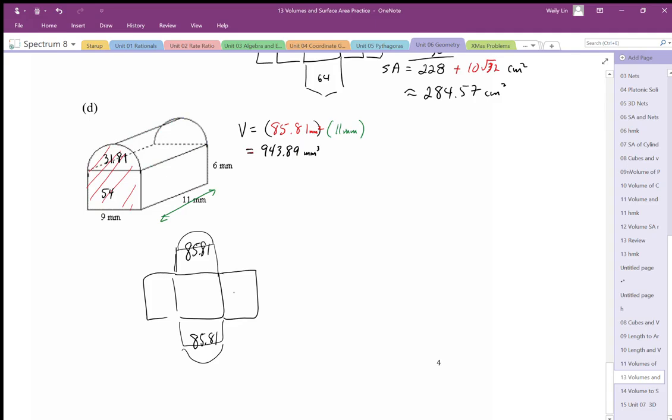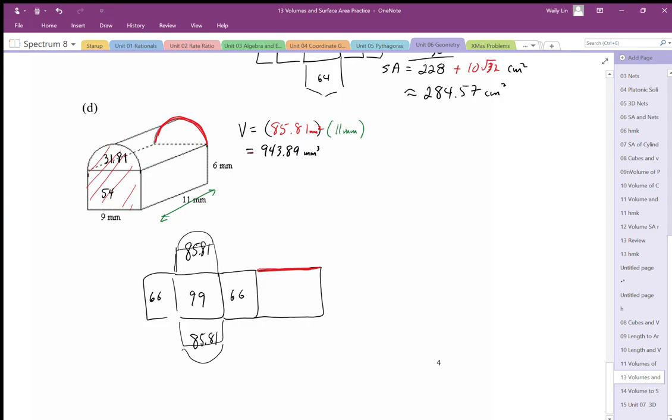So this is going to be 66. It's 11 by 6. That's 11 by 9, so this should be 99. And then I'm going to have a top surface here. To work out that top surface, although I know it's 11 deep, I don't know how long that is. But I do know that that is half a circle.